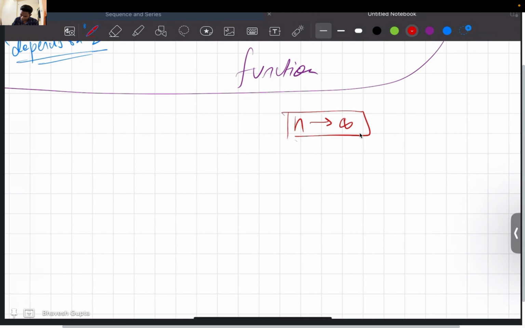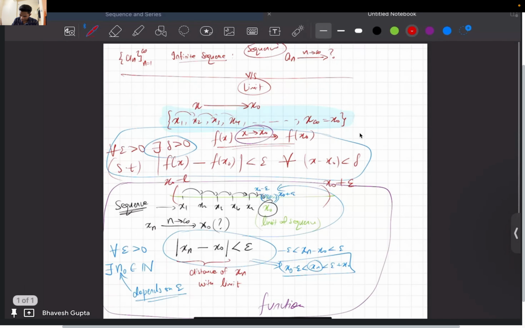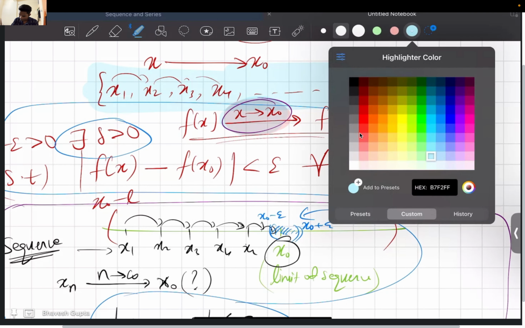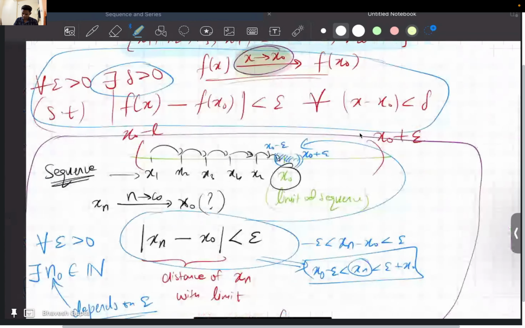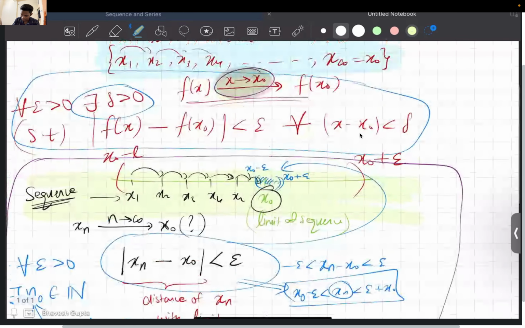Why? Because this a_n turns out to be some input of the function, right? Because in this example, as I've shown you here, I have just defined this part, and here you can see this actually turns out to be some input.